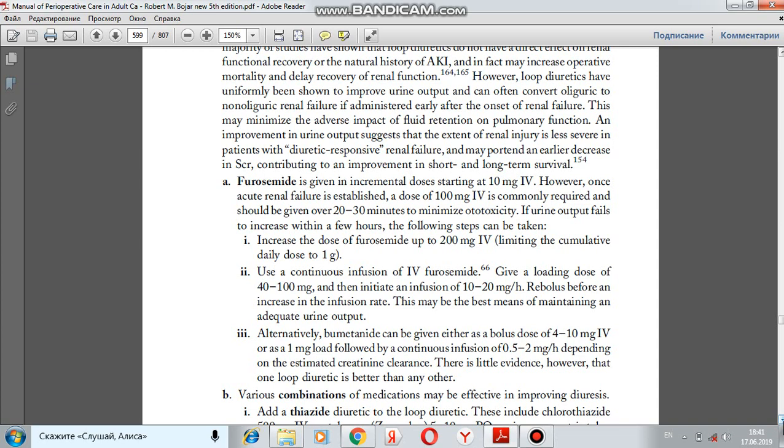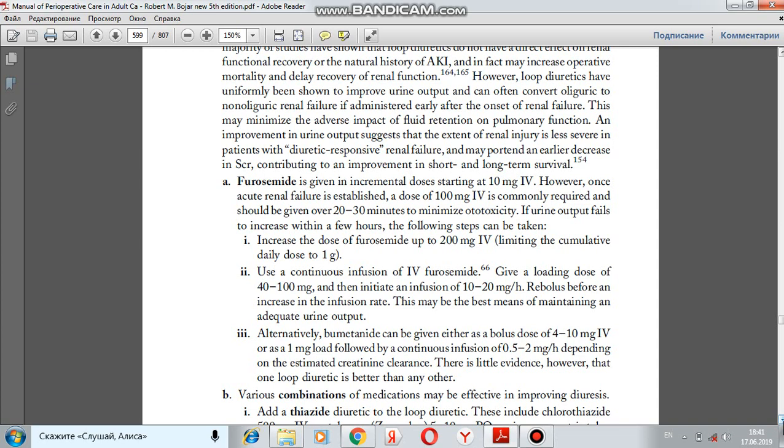Increase the dose of furosemide up to 200 mg IV, limiting the cumulative daily dose to 1 gram. Use a continuous infusion of IV furosemide. Give a loading dose of 40 to 100 mg and then initiate an infusion of 10-20 mg/hour. Rebolus before any increase in the infusion rate. This may be the best means of maintaining an adequate urine output.